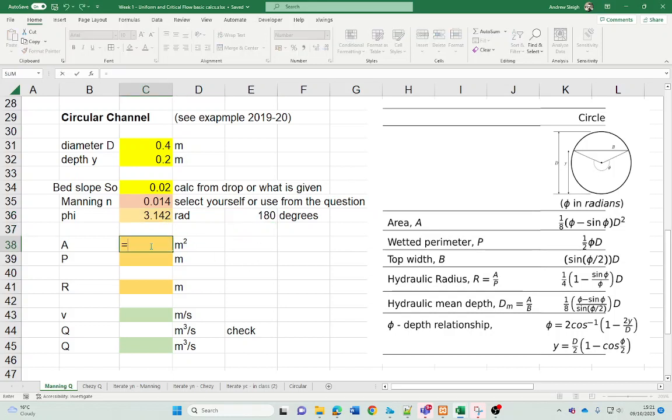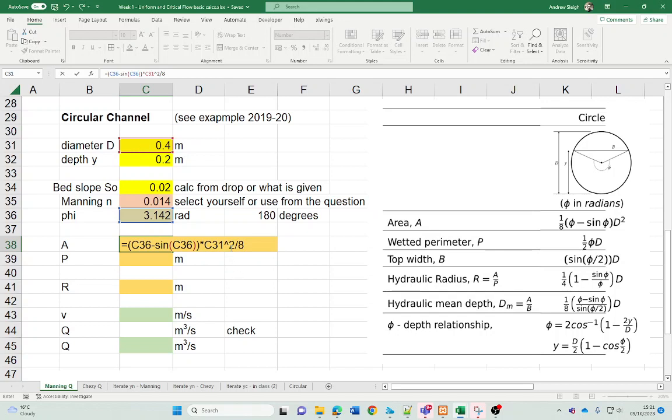Right, now area is this first formula, and I'll write it with the brackets first. So phi minus sine of phi, times my d squared, the diameter squared, all divided by 8.